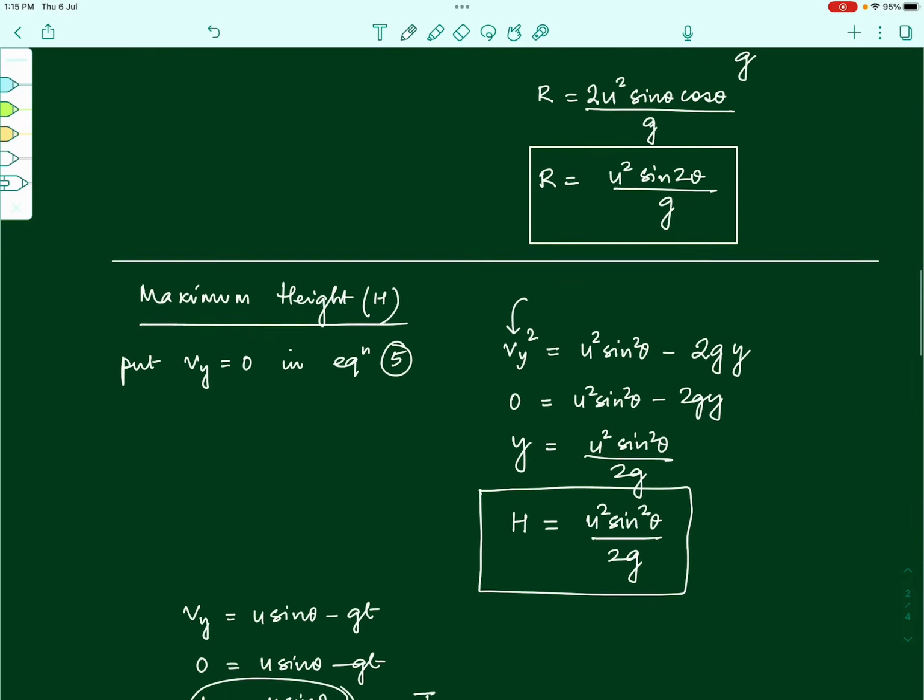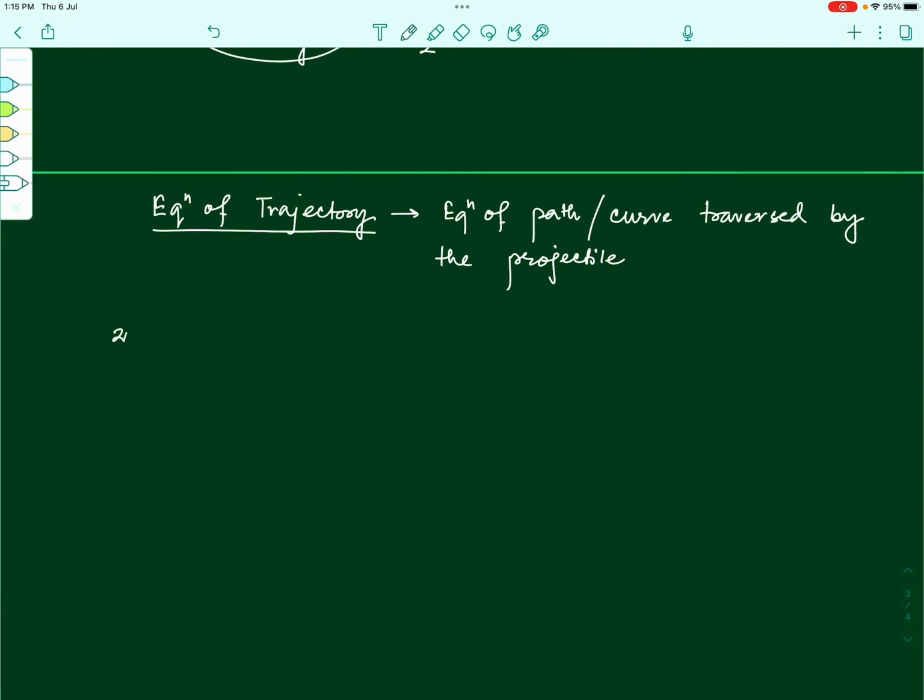Let me write these equations here once again. Equation number 2 is x = u cos theta into t, whereas the fourth equation is y = u sin theta t minus half g t squared. x as a function of t and y as a function of t. Now, from these two equations, if we want to find out y as a function of x, what we can do is find out the value of t from the first equation. t = x / (u cos theta).